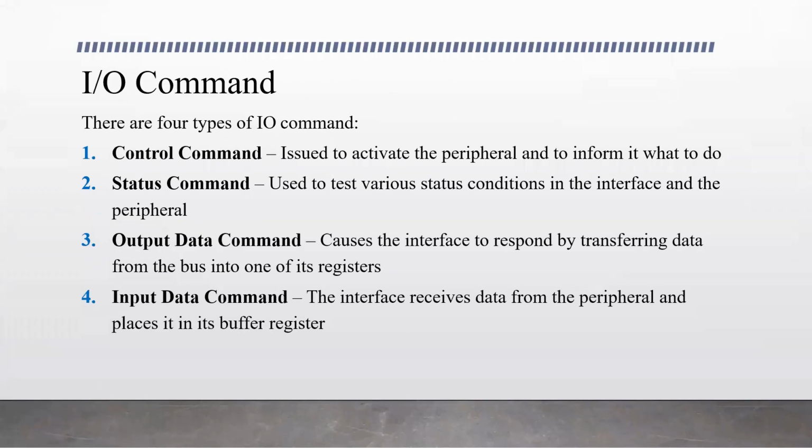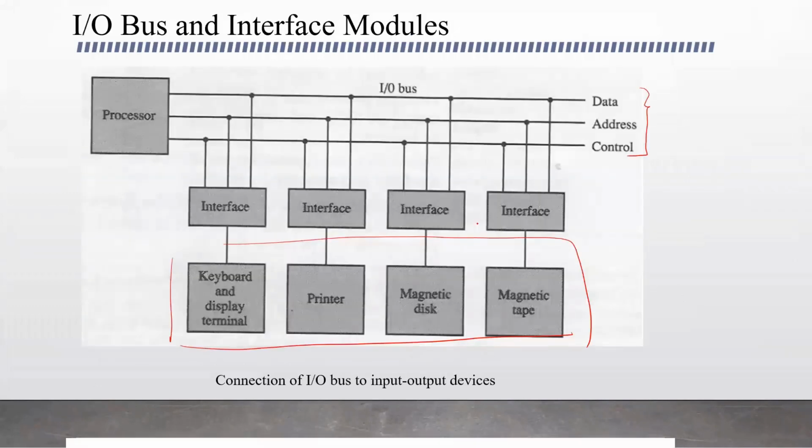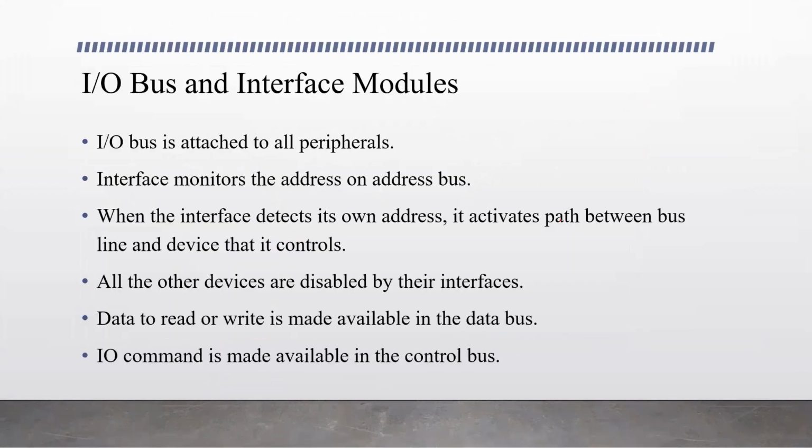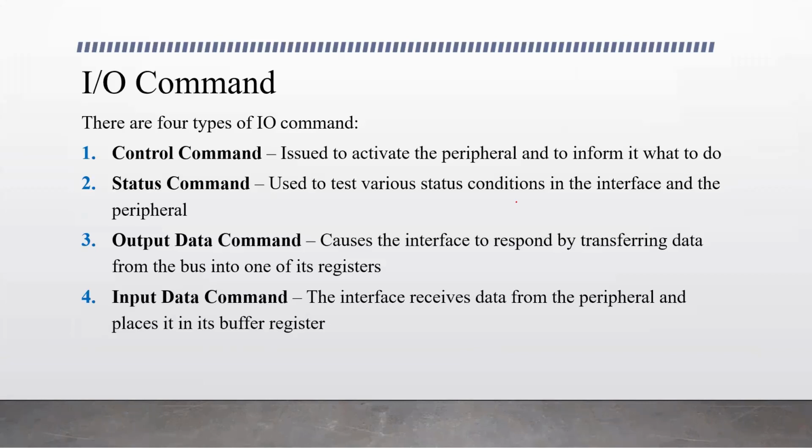So when we see this IO command, the CPU, the processor, places the IO command. The IO command is the function code, the code that specifies what function is to be performed on the selected IO device. So there are four types of IO commands.